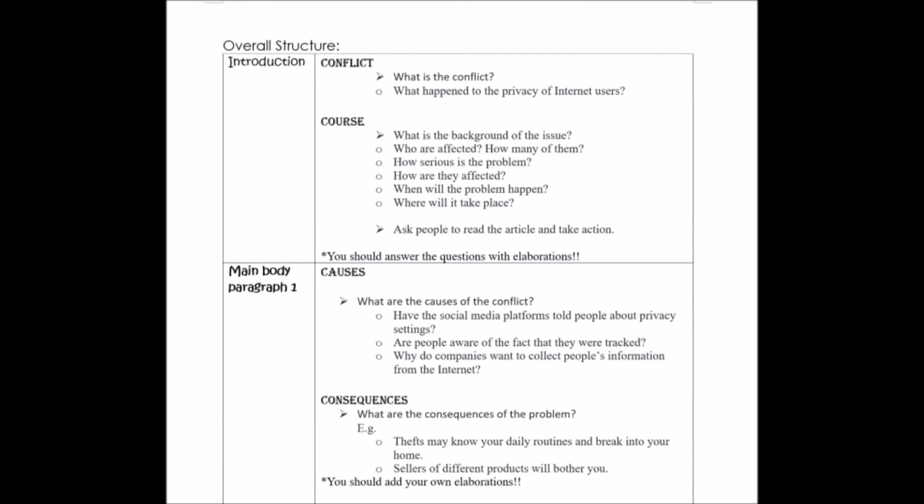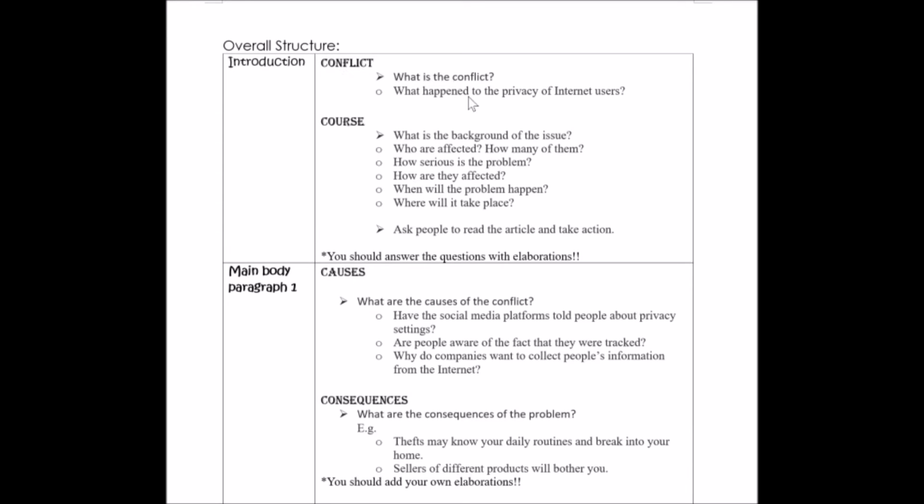Now let's move on to page 3 of the writing worksheet. As said earlier, we're going to learn to write the problem solution essay today with a 5C model. And the 5C includes conflict, causes, consequences, and corrections. And this is the overall structure of the problem solution essay. So in your introduction, you need to tell us about the conflict.